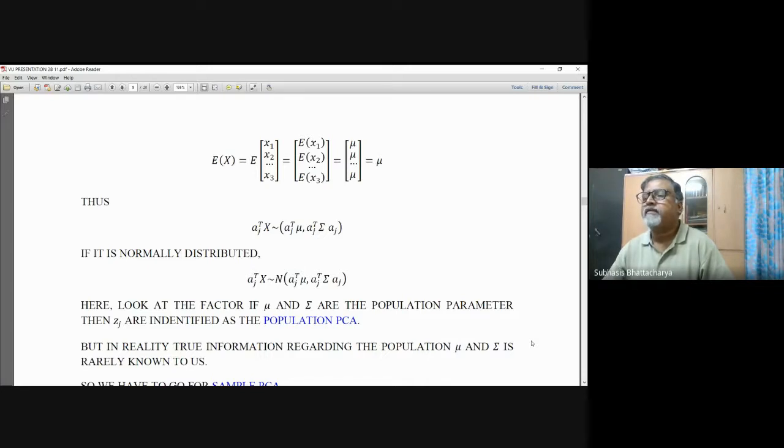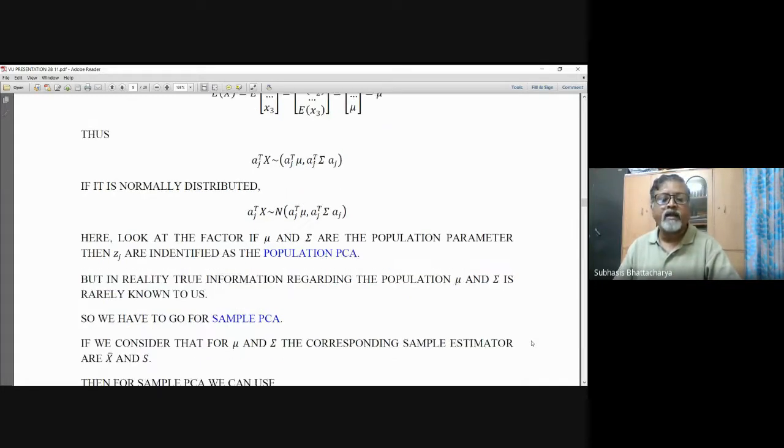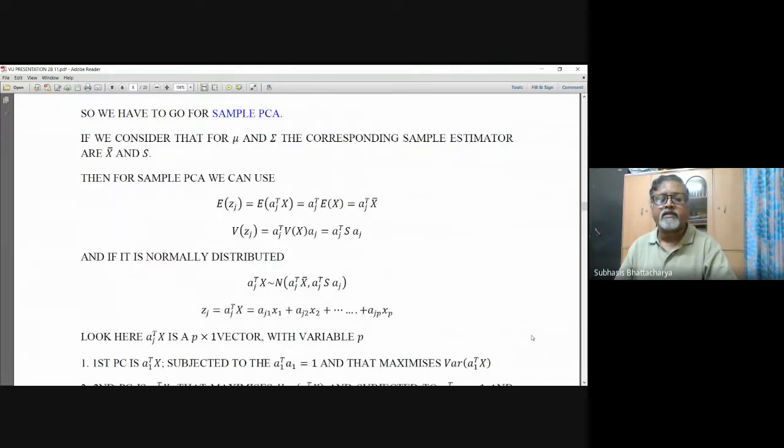For the population PCA, it is normally distributed over the mean vector mu and sigma. If you consider it in terms of sample PCA, then the mean mu is transformed to X bar, and sigma is transformed to S. So this kind of thing happens in the population or sample corresponding behavior.